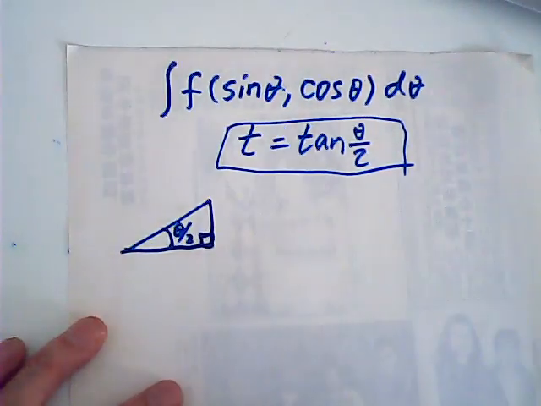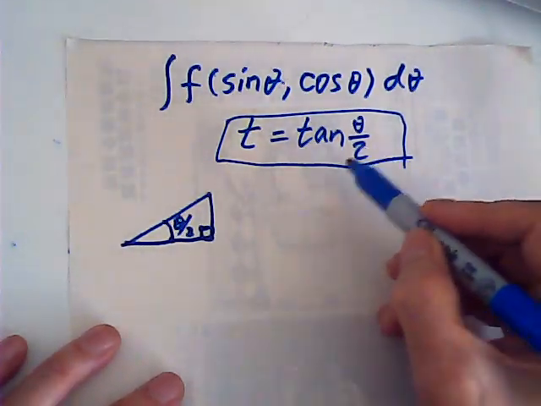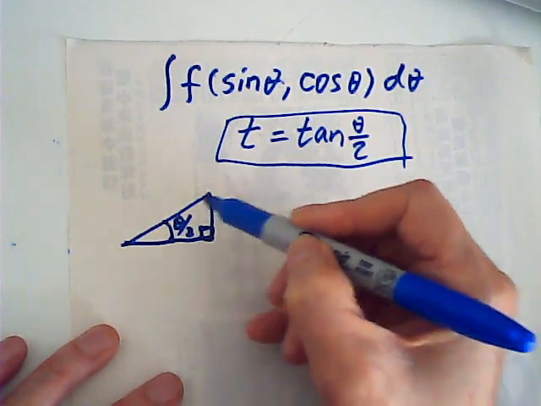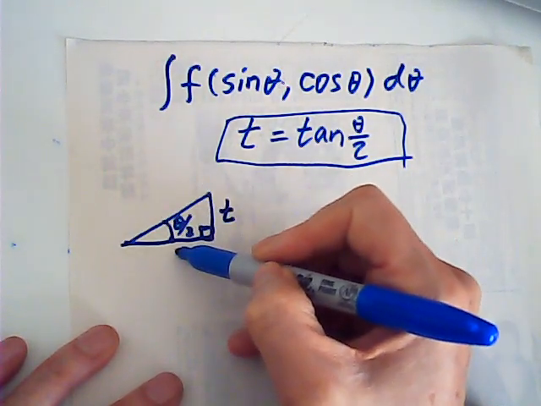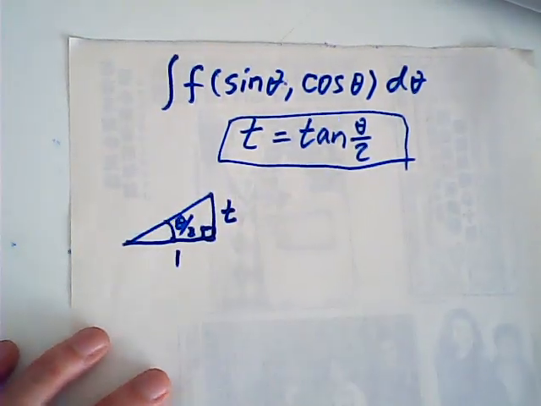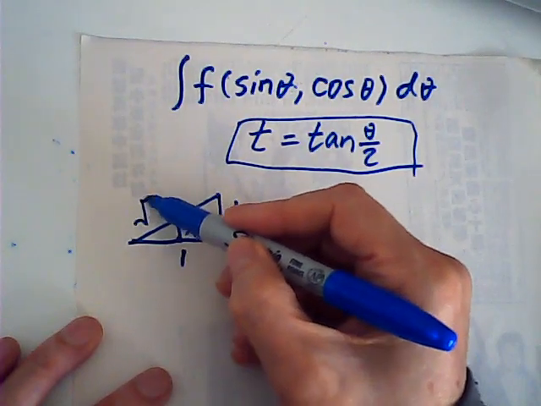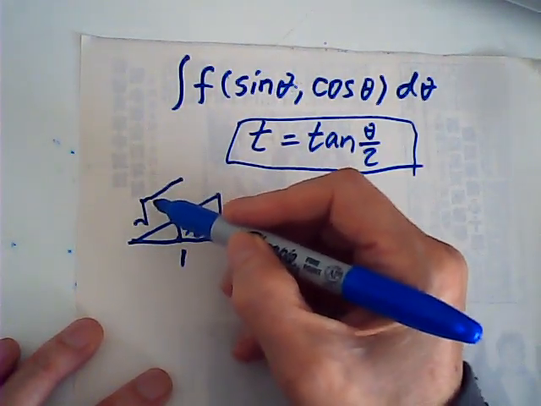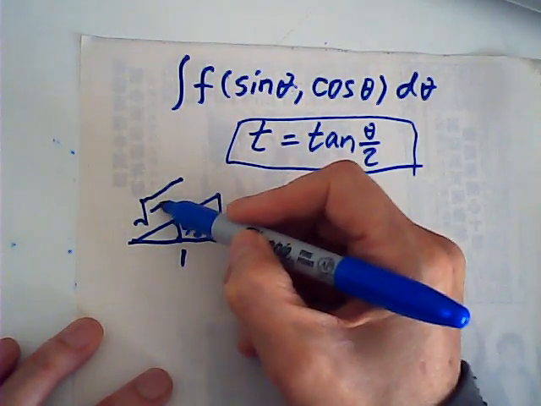Half theta, okay. And this is t, right? This is t. And this is 1. Then the hypotenuse is equal to the square root of t squared plus 1, right?